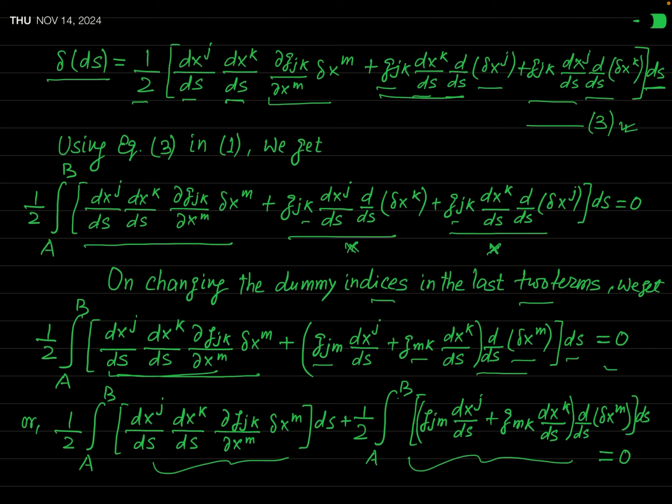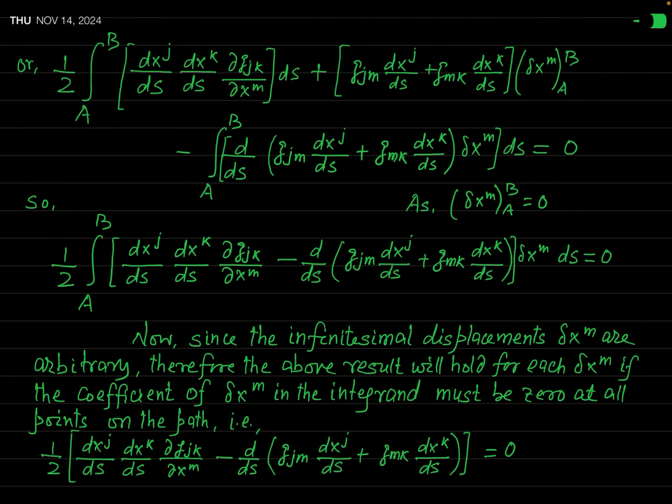Okay. Following the method of integration by parts, you may evaluate the value of this second integral. So let us try to evaluate this second integral using the method of integration by parts. So now this first integral is as before. I have written that first integral as before, you can see.